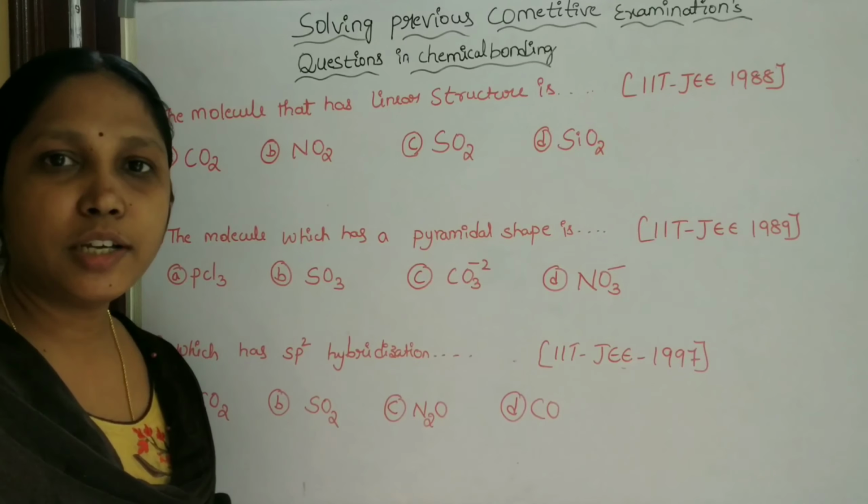Total pairs are 4 and the hybridization is sp3. So where we observe a pyramidal shape, we see sp3 hybridization, with 4 total electron pairs: 3 bonded pairs and 1 lone pair.